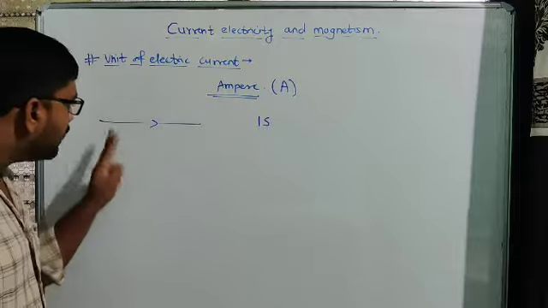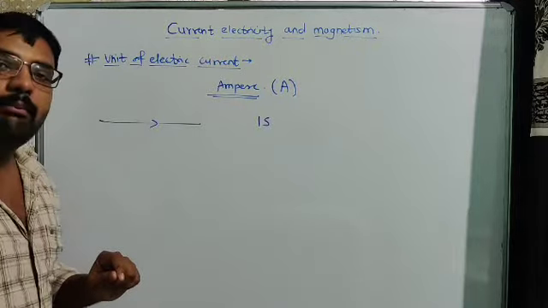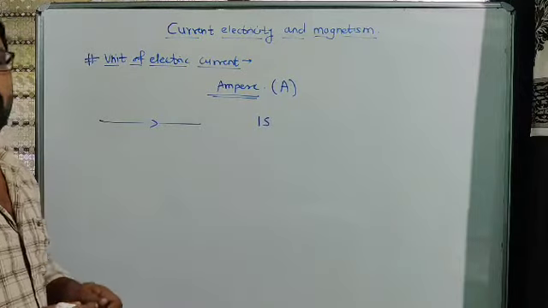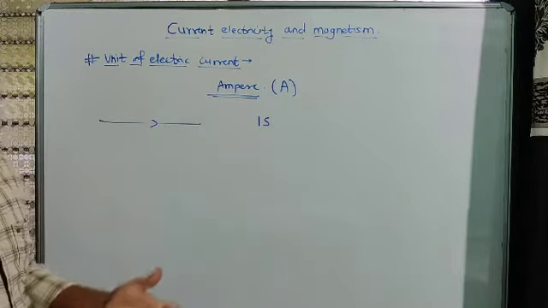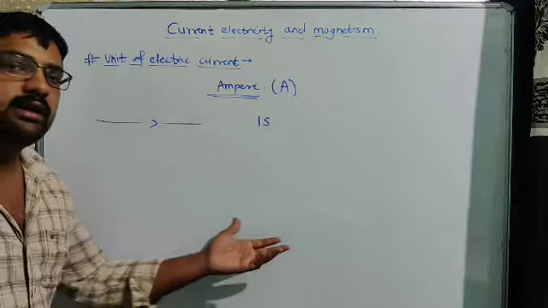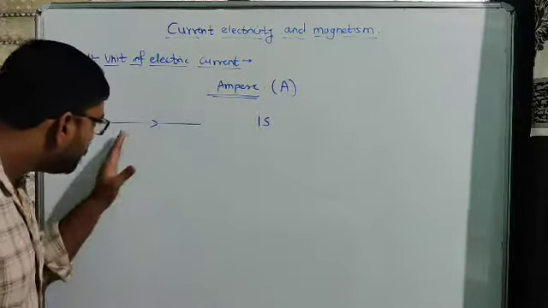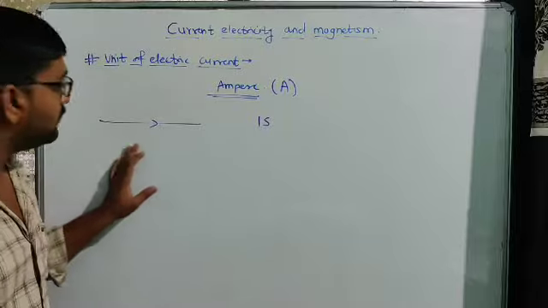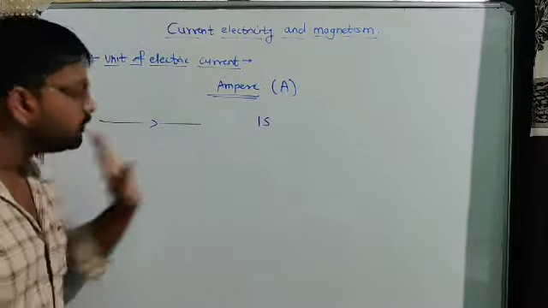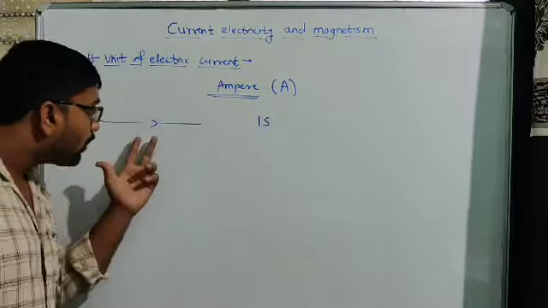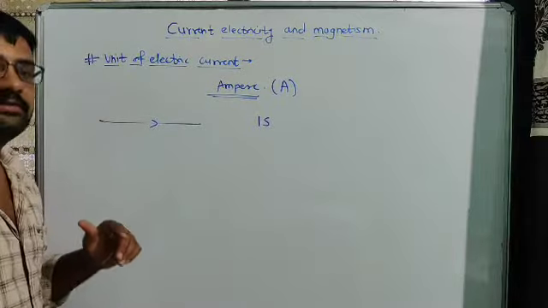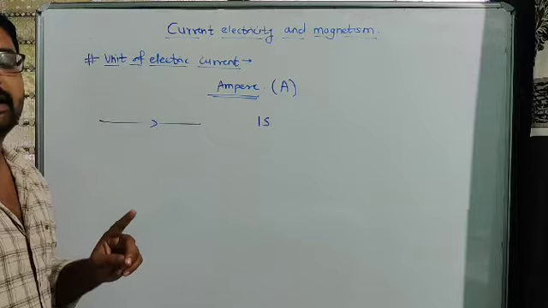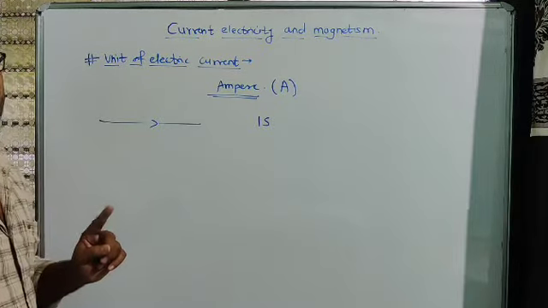We know motion of electrons is nothing but electric current, and the electron is a negatively charged particle. So simply negative charges are moved from this point to this point. Whatever charges pass through this wire in 1 second, that is called unit electricity.